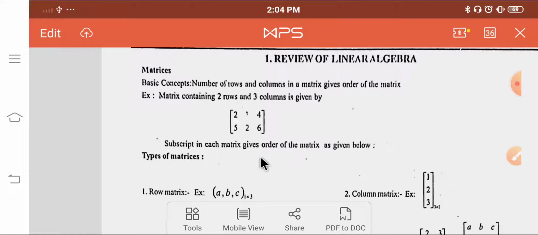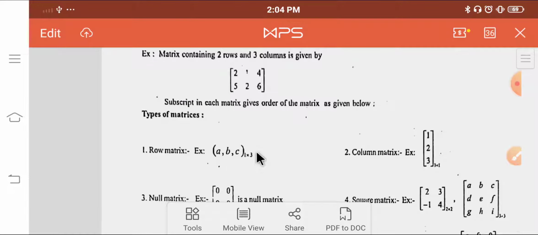Now the types of matrices. The first type is the row matrix. A row matrix is a matrix which contains only one row and n columns. For example, suppose the matrix is A B C, which contains one row and three columns, that is column 1, column 2 and column 3.